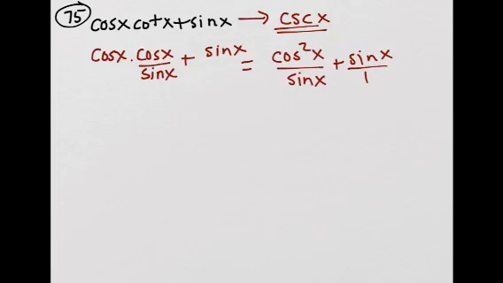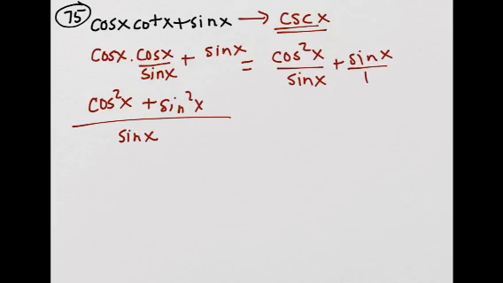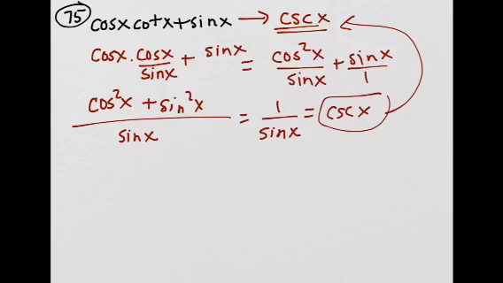So I'm going to get a common denominator of sine x. The first fraction already has a sine x, but the second one doesn't. So sine x times sine x is sine squared x. And look at the numerator. It's a Pythagorean identity, and that's equal to 1. And so when you change it to its reciprocal function, it's cosecant, and that's exactly what we saw on the graphing calculator.